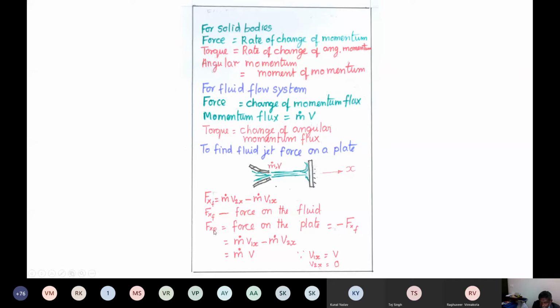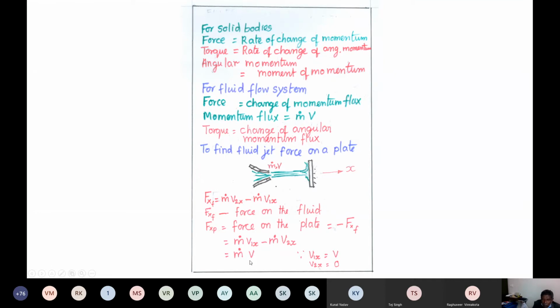The force on the plate, denoted by Fxp, is equal to minus Fxf. So that is equal to m dot v1x minus m dot v2x. Now we find that the fluid velocity in the direction of x after impact is 0. That is what I have indicated by v2x is equal to 0. At entry here, the initial x component of velocity is nothing but the jet velocity v.